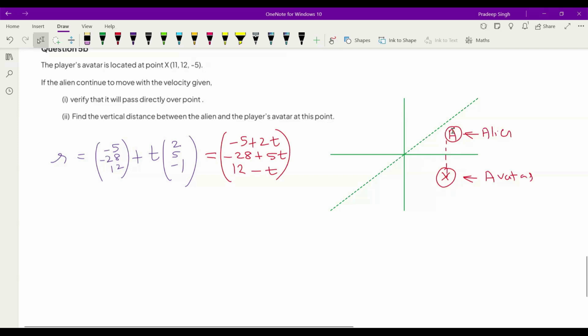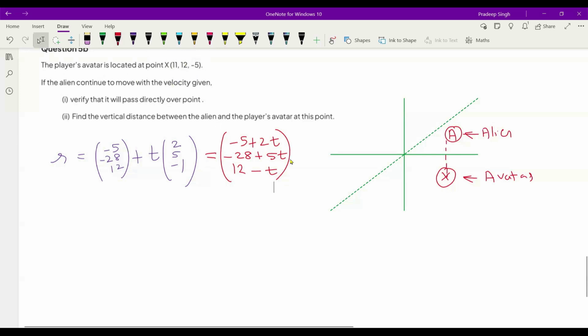Assuming that is true, the x and y coordinates for both the alien and avatar are the same. So look at the player's avatar location 11, 12, and -5. We will write 11 and 12 as the x and y coordinates for the alien. Be careful, these coordinates are for the alien and 11, 12, and -5 are for the avatar.